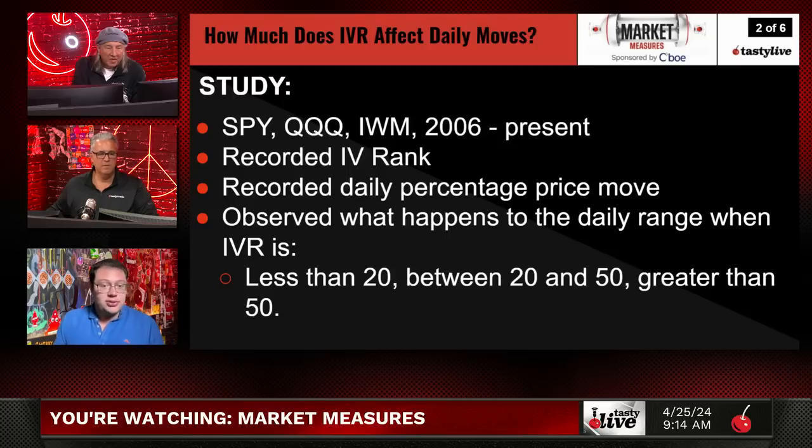So whenever you trade QQQ, this study is applicable to the QQQ's IV rank, and IWM to IWM's IV rank. All you need to do is look at the IV rank, and then this will be the context of the study. So it's really good.